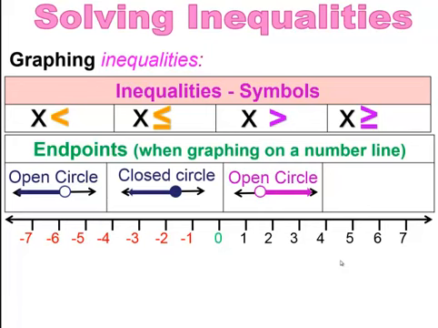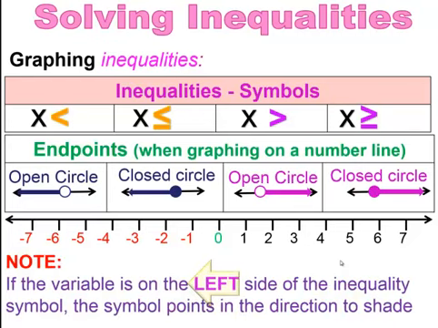It means it's going to get larger and larger. If you notice on the number line, numbers get larger and larger to the right. And then the greater than or equal to would close the circle to mean it includes that number, and then you're going to shade to the right, because it's going to get larger and larger.